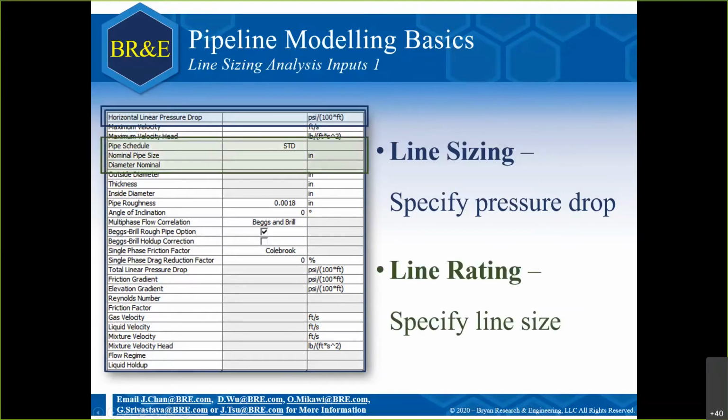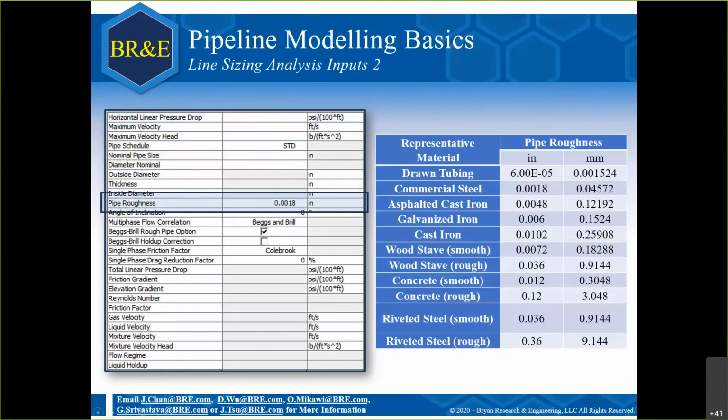Alternatively, if you already have information on what line sizes you're working with, you can put those into it and we'll tell you what pressure drops you expect to see out of it. We also have some additional options below if you want to get into more detail, but worry not. A lot of these have excellent default values for you to work with.